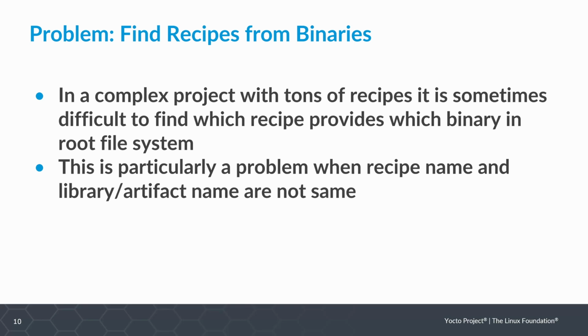For example, there will be multiple binaries which we don't even know what recipe is providing them. Backtracking them to the recipe is a nightmare. So how do we know where a binary is coming from?